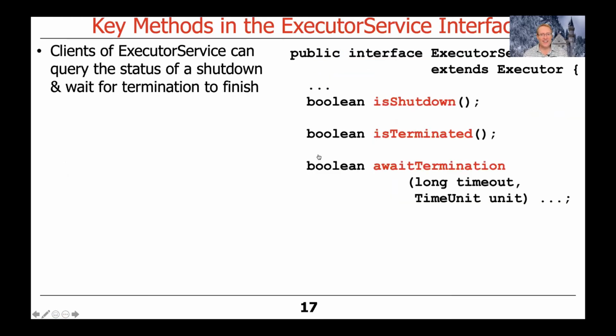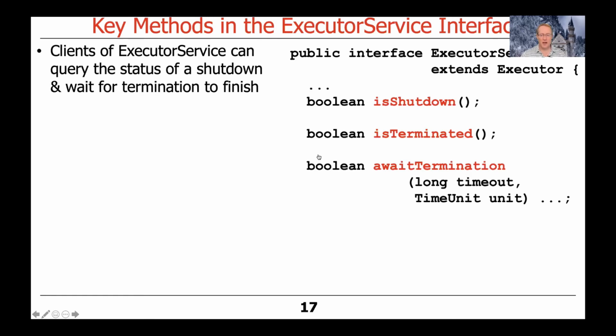Now, once an instance of an executor service has been shut down, you can query to find out what its current state is. And this can be useful for a variety of reasons we'll talk about as we discuss these methods. There are basically three methods you can use on executor service instances to see whether or not they've been shut down or canceled.